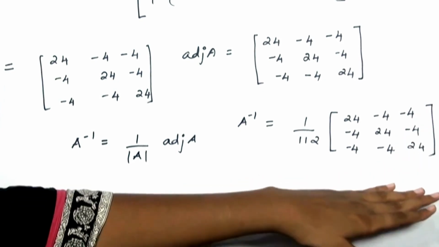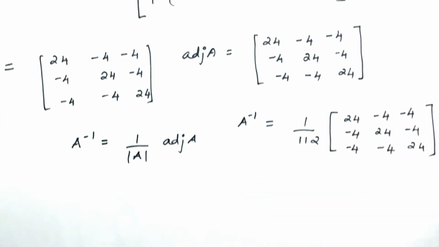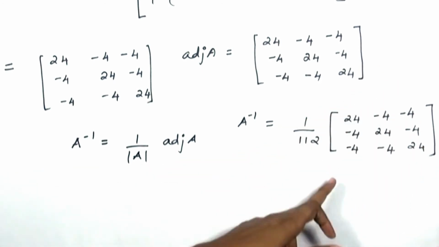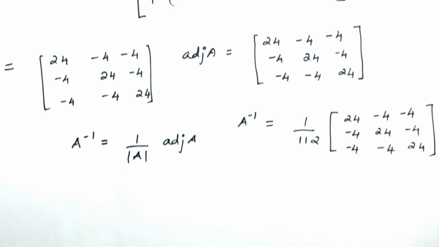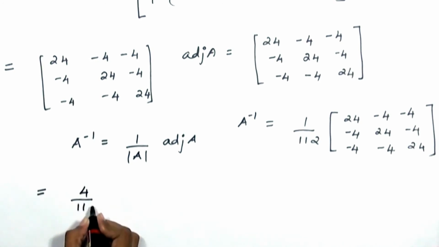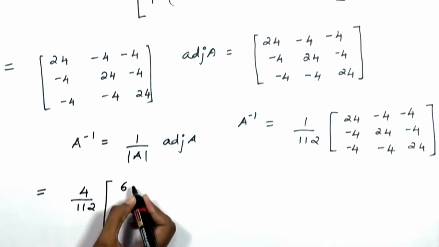If we have a look at this matrix, we come to the conclusion that 4 is common in all the elements present in this matrix. So taking 4 outside the matrix, we'll have 4 by 112. Taking 4 from 24, the remaining element will be 6.